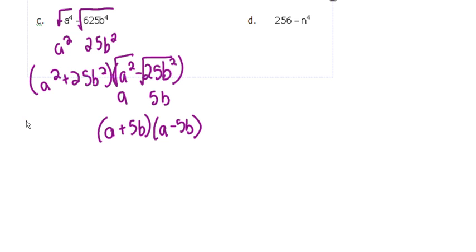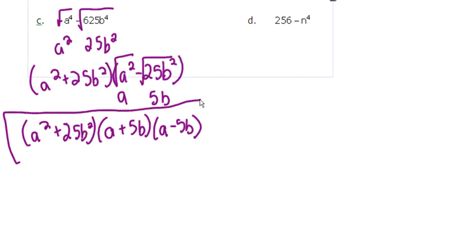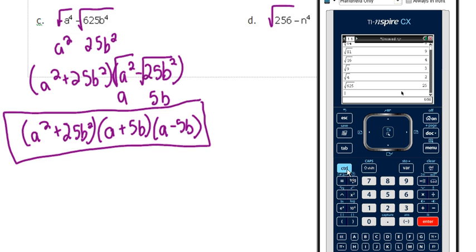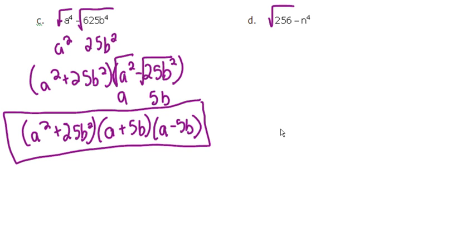This part here, we just bring down a squared plus 25b squared. And there's my answer. So D is the exact same thing. The square root of 256, again, if it's a large number, we can just check. The square root of 256 is 16. So I have 16.